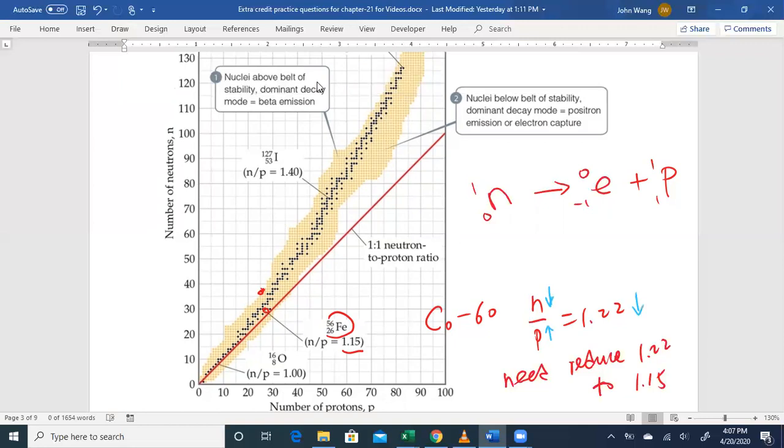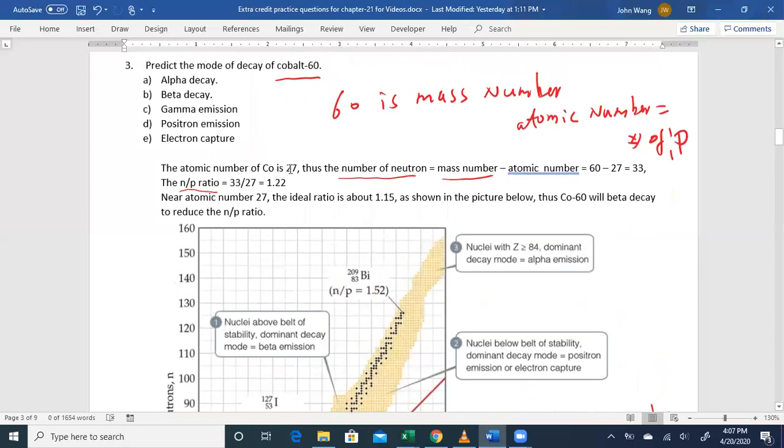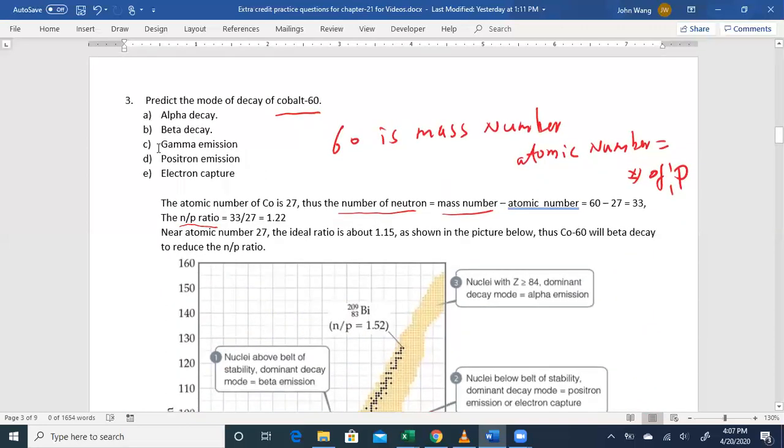So therefore, it is getting closer to 1.15 and becoming stable. So we predict for this given nucleus, it will decay with beta emission, and therefore the answer is B.